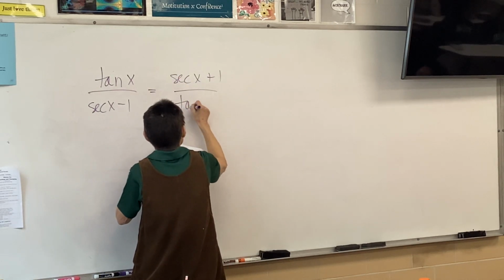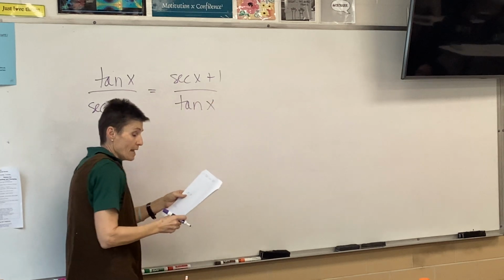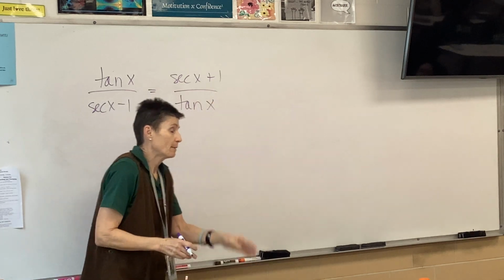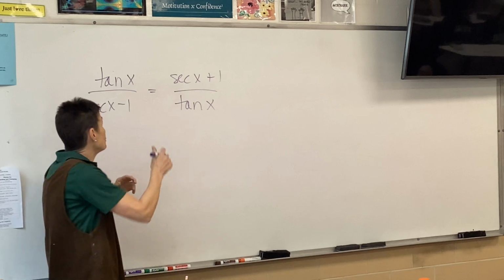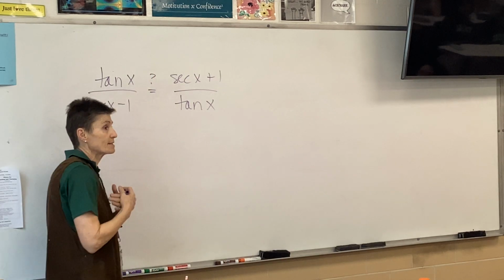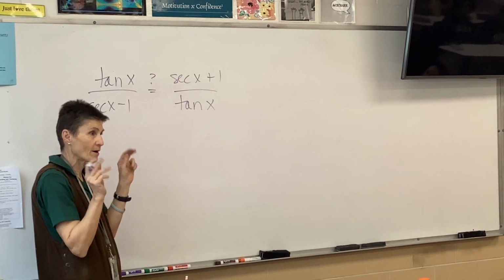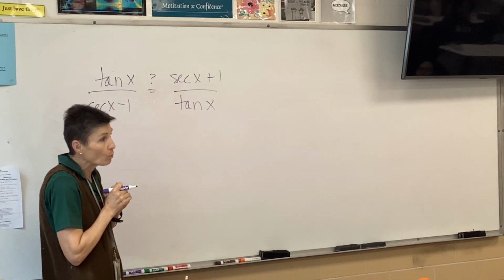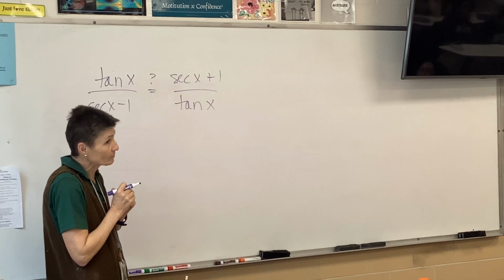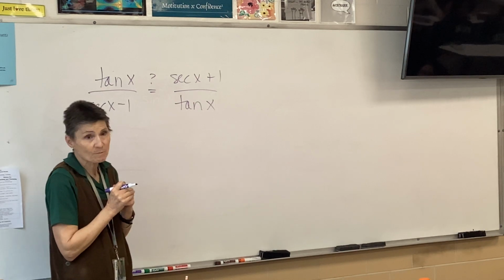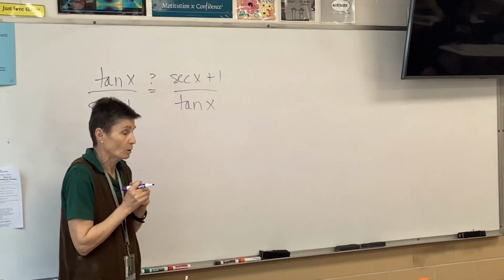Now we did one like this the other day, and I cautioned you, and I'm going to caution you again. You don't know that this is an equation. Your job is to prove, verify, that it's an identity. So we're not cross multiplying, because what's our rule?